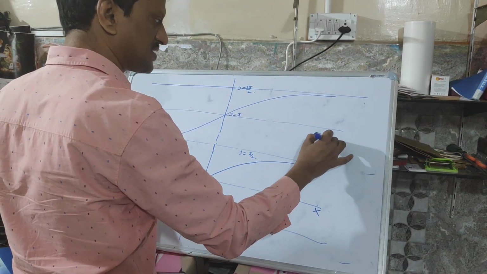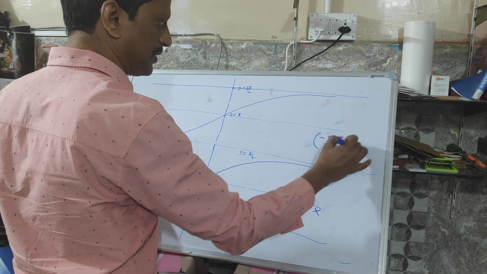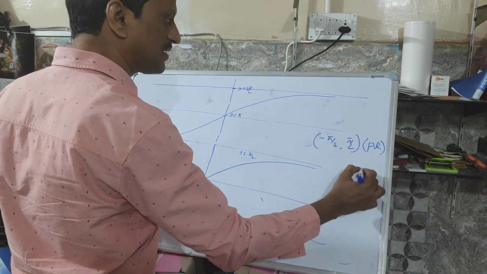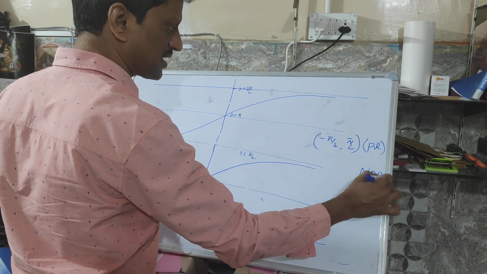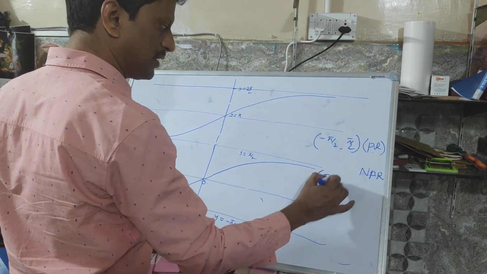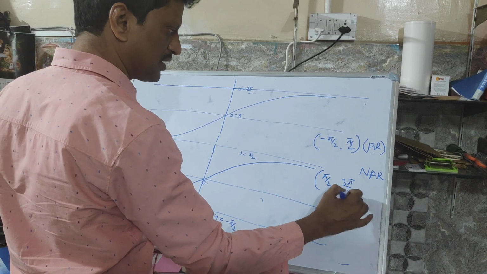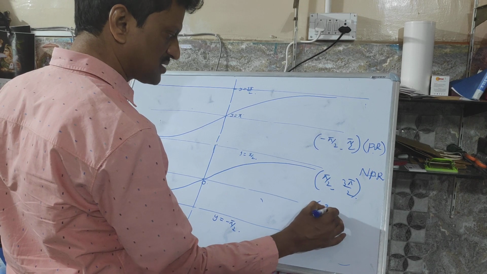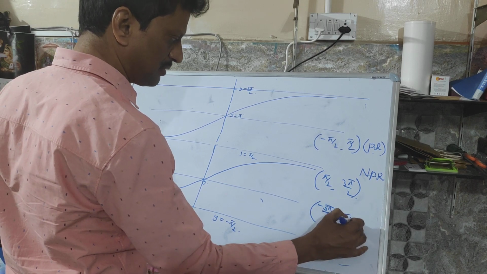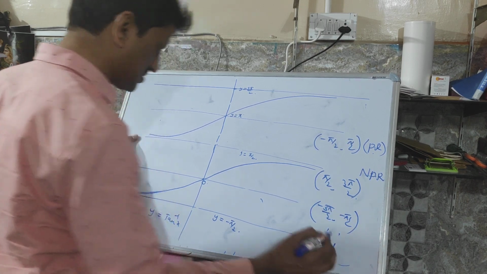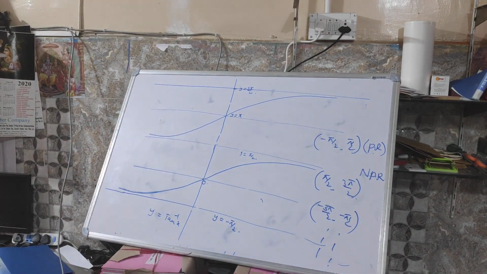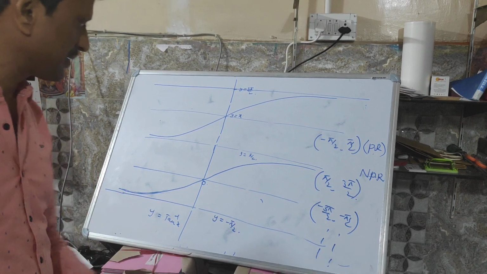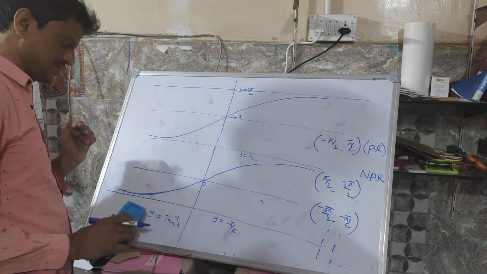So the principal range of tan inverse x is minus pi by 2 to pi by 2, and the non-principal ranges are many, infinite: pi by 2 to 3 pi by 2, 3 pi by 2 to 5 pi by 2, or even on the negative side minus 3 pi by 2 to minus pi by 2. Like this you can define infinite ranges which are all non-principal ranges. So like this we can describe the graph of tan inverse x. Clear now?